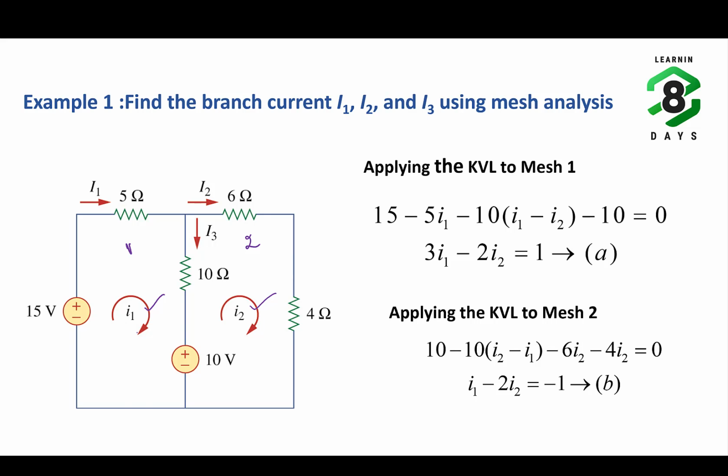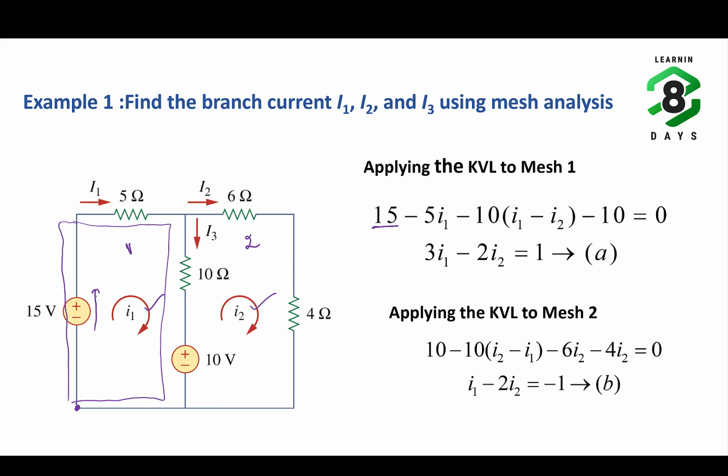The third step is we are traversing in the mesh direction. We start at this point and we go in this path. We traverse in this mesh in this fashion, and this is the complete traversal of the mesh. So when you traverse from this point to this point, you can see it is a potential rise. When you go from here to here, it is a potential rise. So for this we are giving positive polarity.